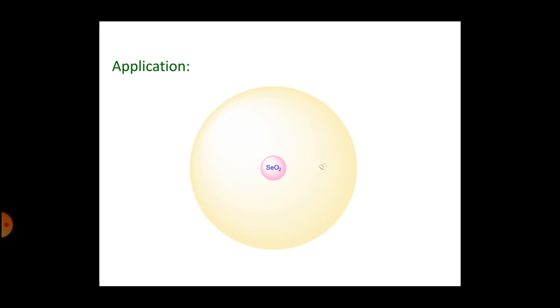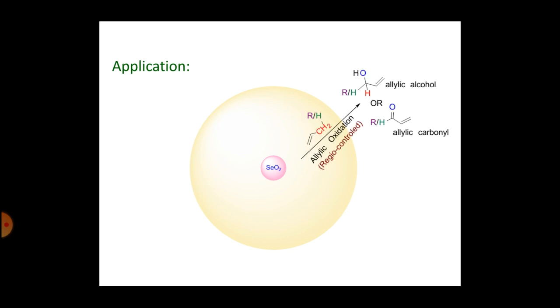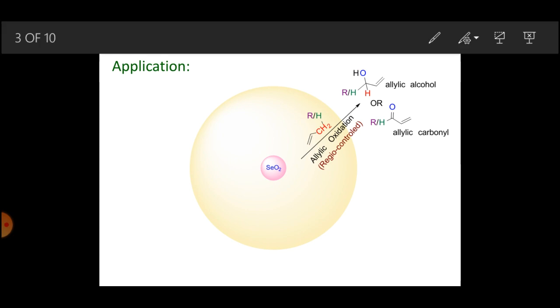The first and the most important, it oxidizes allylic carbon and gives allylic oxidation, allylic alcohol, allylic carbonyl. So allylic oxidation.